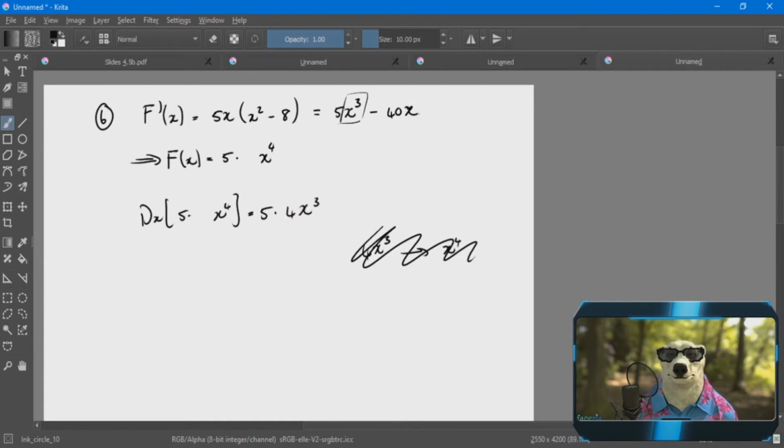But there's no 4 in my target. So I need to adjust my antiderivative answer with a 1 over 4 so that the 4 can be cancelled when the power rule brings it out.